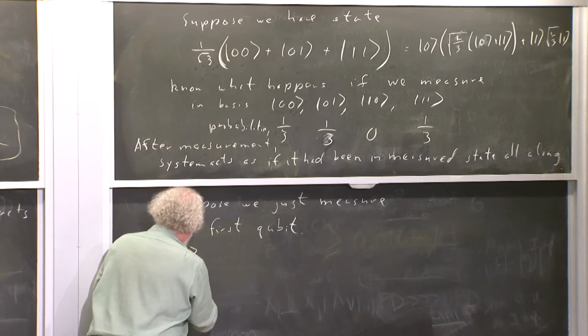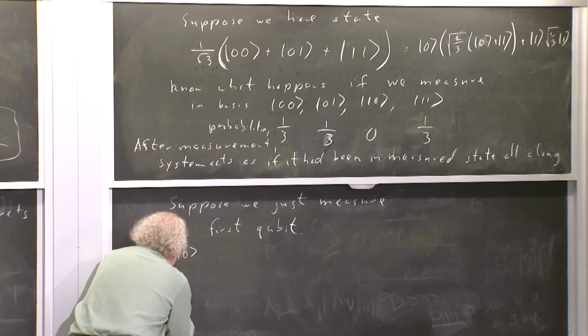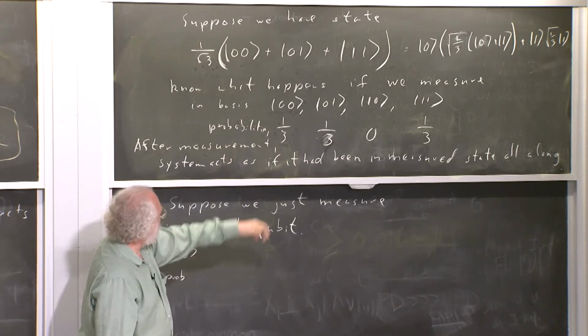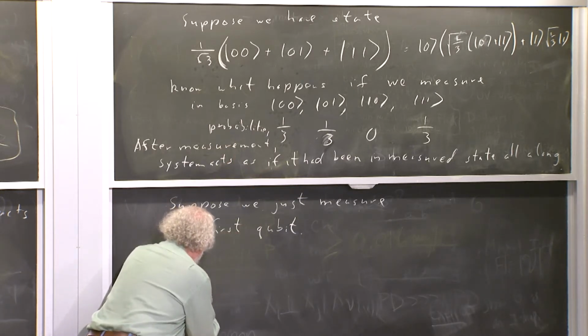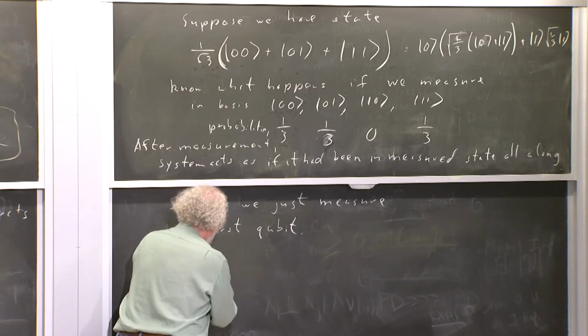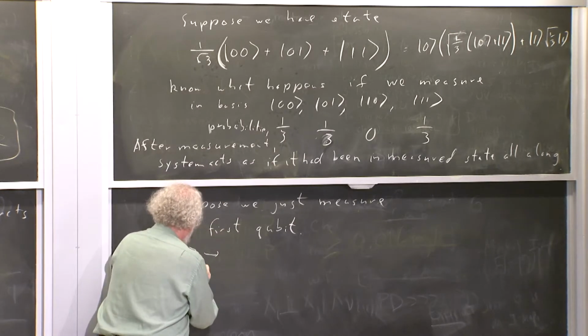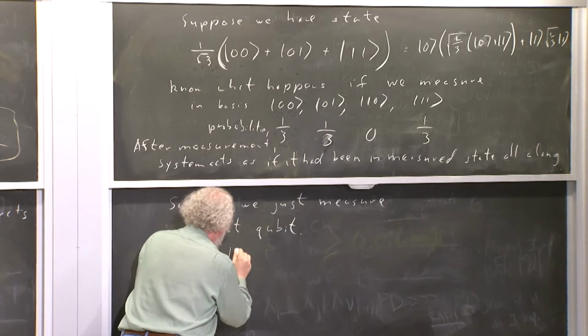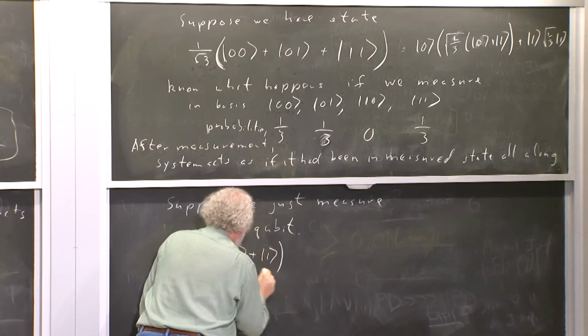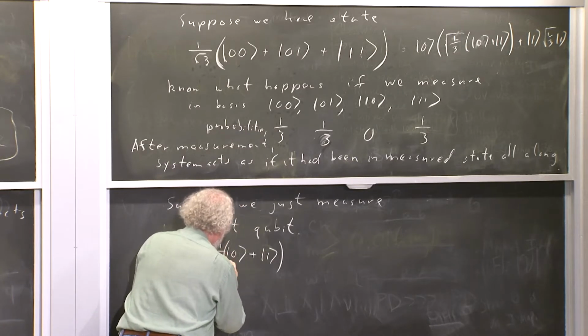So for 0, that's going to be probability 2/3. And qubit B will be in (|0> plus |1>) over root 2.